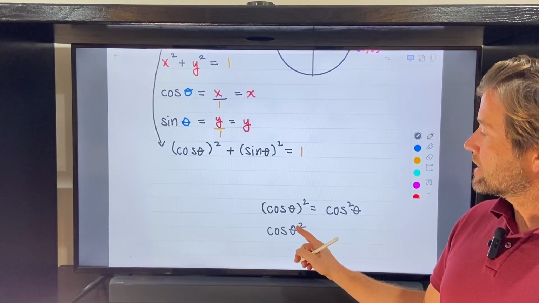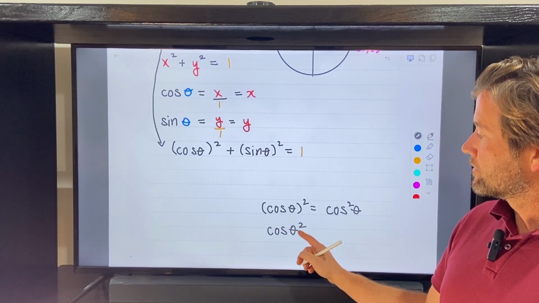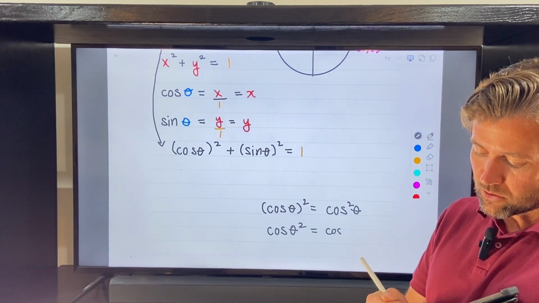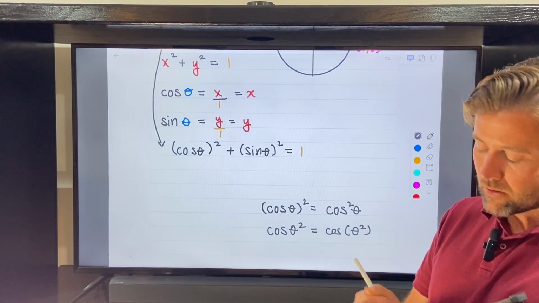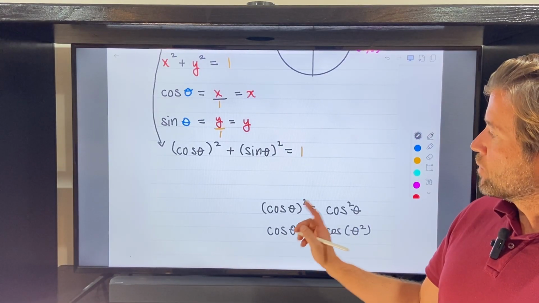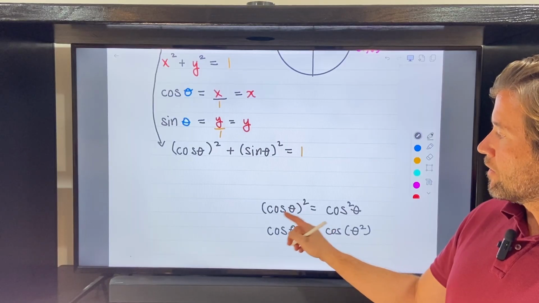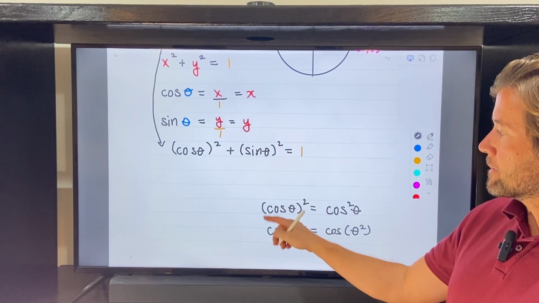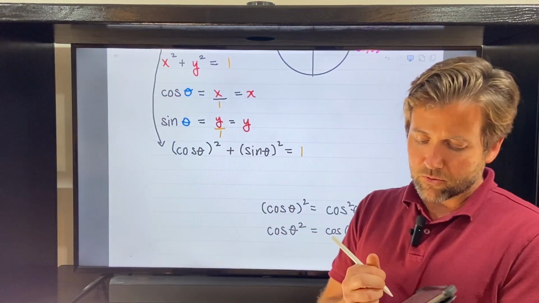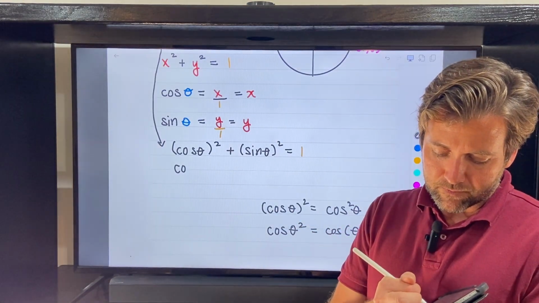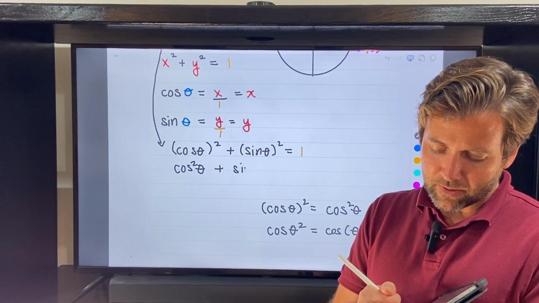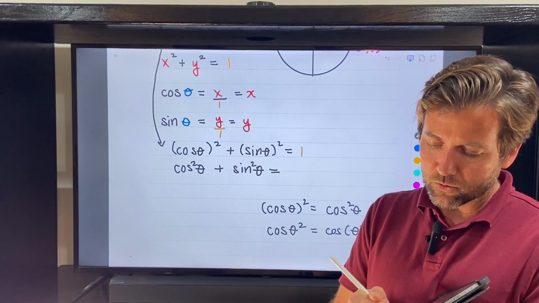That means it's actually theta that is being squared, and then you're taking the cosine of it. So it's really important that if we want to write cosine of theta, that quantity squared, it has to be in parentheses, or we use this notation here, which is great. So cosine squared theta plus sine squared theta equals 1.